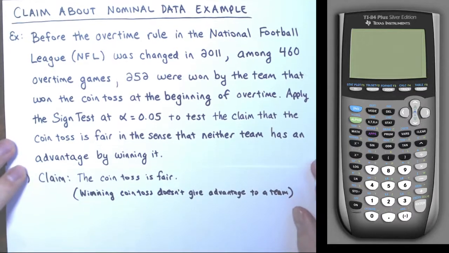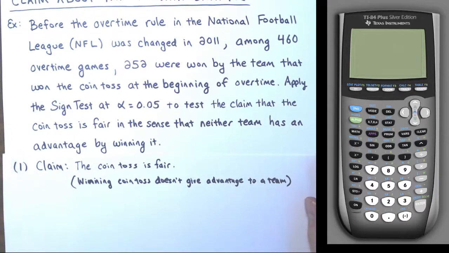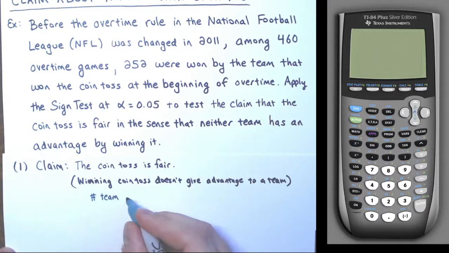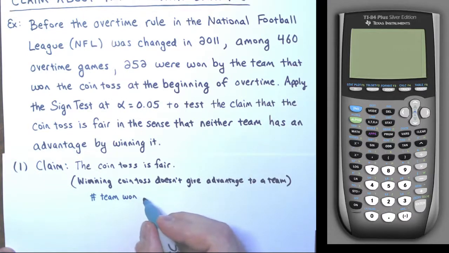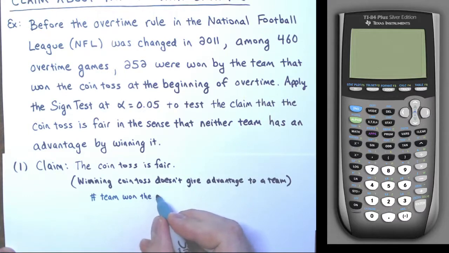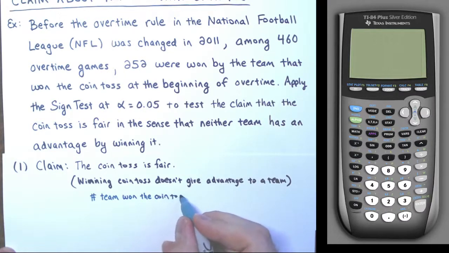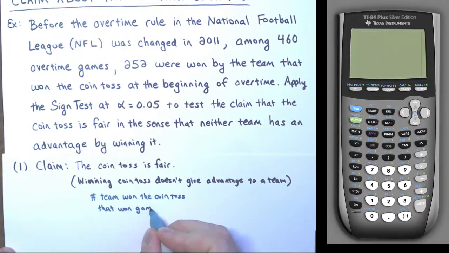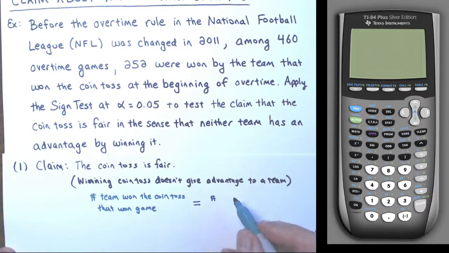All right, so another way of putting that, if you want to put it in terms of numbers, is that if the coin toss truly doesn't give anybody an advantage, we would expect that the number of teams who won the coin toss that won games is about the same as the number of teams who won the coin toss and lost the game.